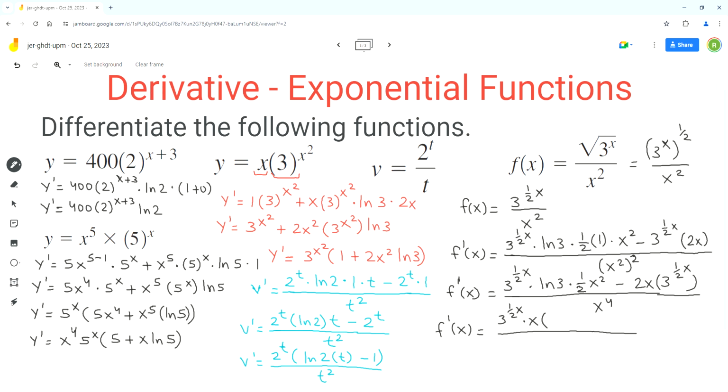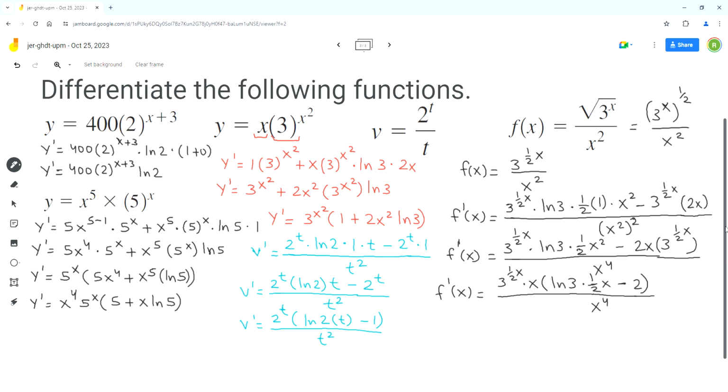And we are left with ln 3 times 1 over 2 x and then minus 2 over x to the power 4. Now we can simplify this further by cancelling out one of the x's from the numerator and the denominator. So this x and one of the x's here cancelled out.